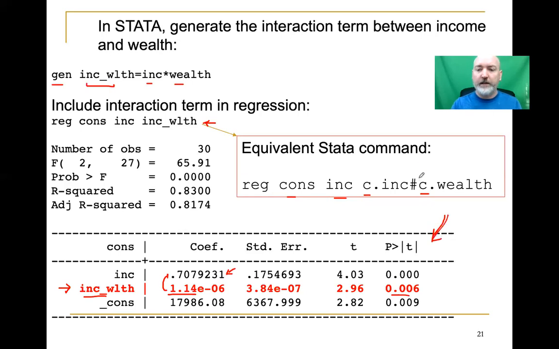And just to make clear, if I did the double interaction term here, then it would want to include income on its own, like we have here, wealth on its own, and the product of the two. So if you just want to include the product, like we have here, use the single interaction operator.